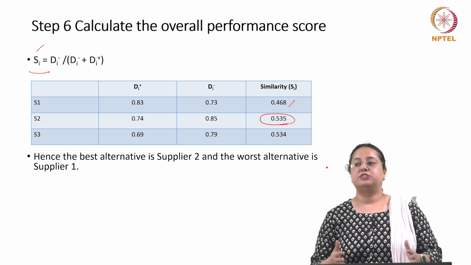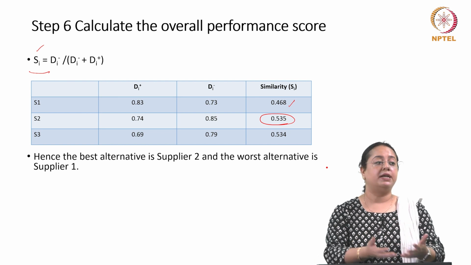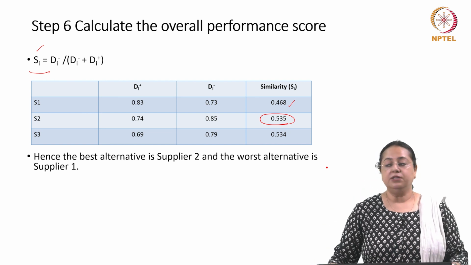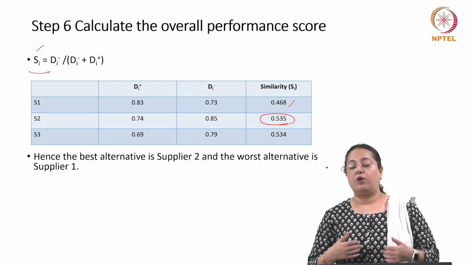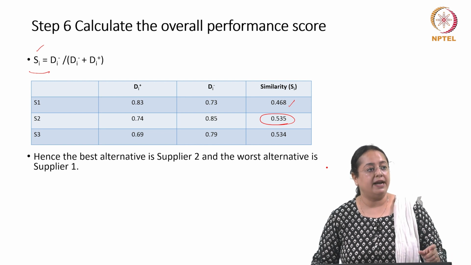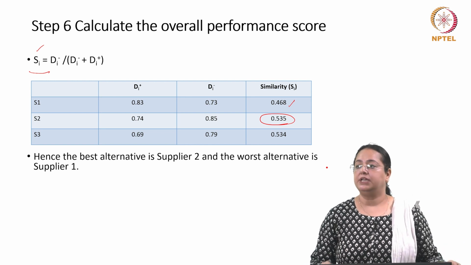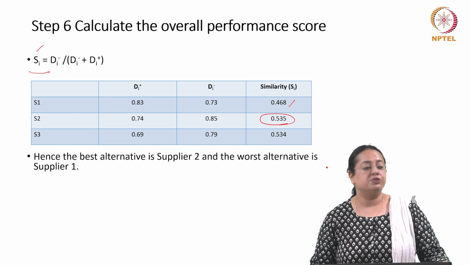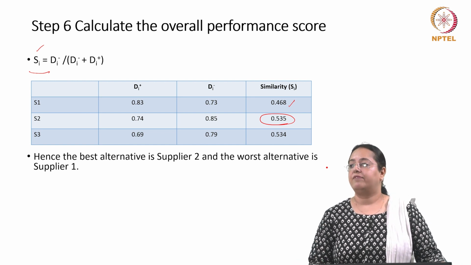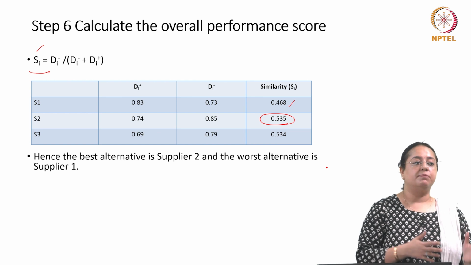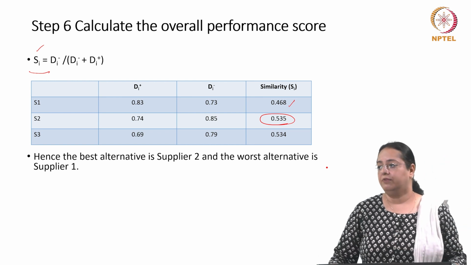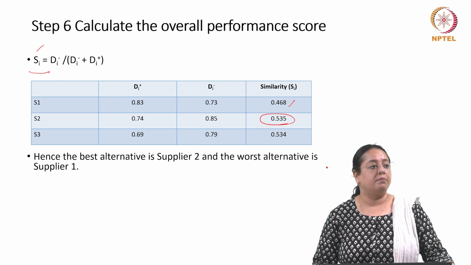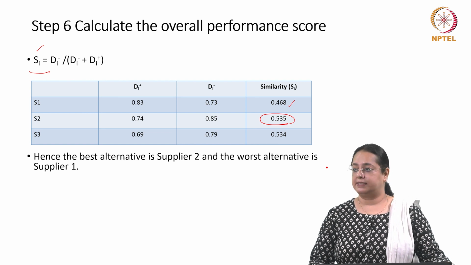So it's not only the closeness to the weighted positive solution, but it is also important to capture that the alternative should be far from the negative solution. This is the plus point of this technique over the simple weighted average method for selecting the suppliers.